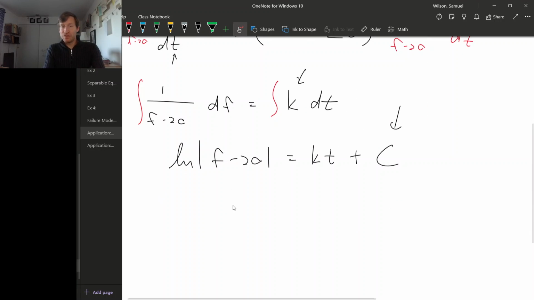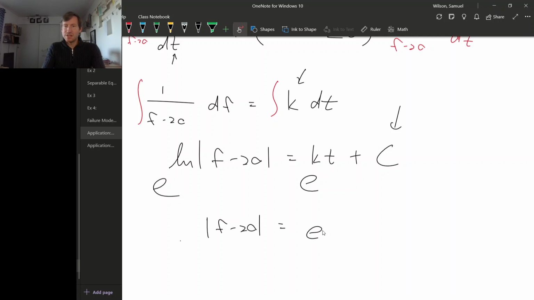Now we can finish solving for f, so exponentiate. We get absolute value of f minus 20 equals e to the kt times e to the c, but let's call e to the c capital A. A has to be positive because it's e to the c.